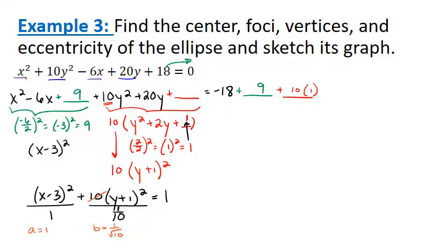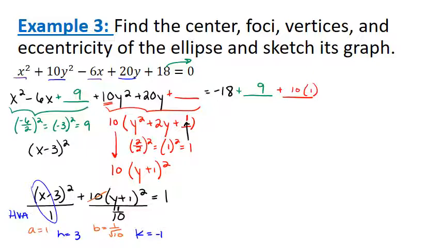I also know from this formula what h and k are. And again, I know a is bigger than 1 over the square root of 10, right? So the bigger number is under the x, which means I'm going to have a horizontal major axis. We have found a, so h is 3 and k is negative 1.